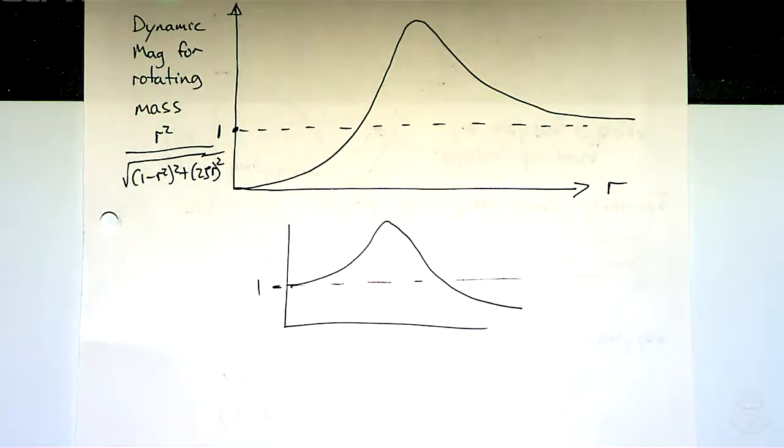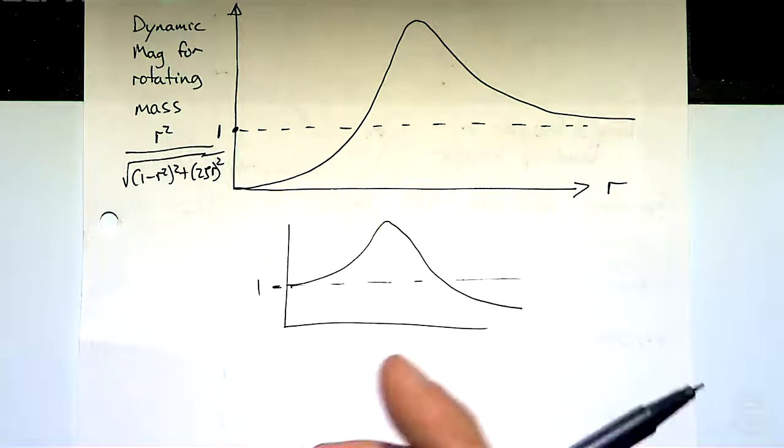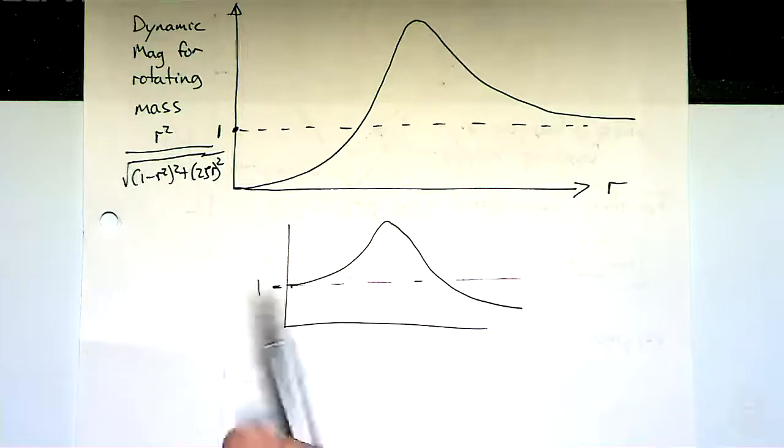Sometimes you're shown a picture in an exam or in a question, and you're asked to do something. So the first thing to work out in your mind is, which way round is this dynamic magnification factor? And as a result, is it a standard forcing case, or is it something like a rotating mass forcing case? Right.